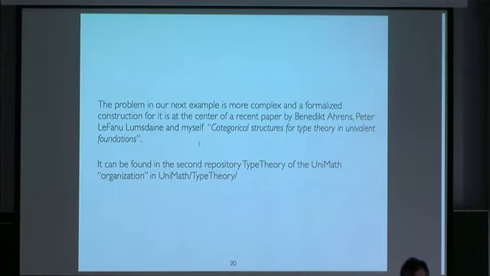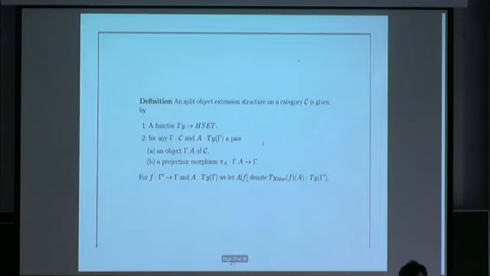It's at the center of our recent paper, Categorical Structures for Type Theory in Univalent Foundations, and it can be found in the type theory repository, which is the second repository of the UniMath GitHub organization. So this definition is something which I probably want to explain, at least to some of us, it might be interesting.